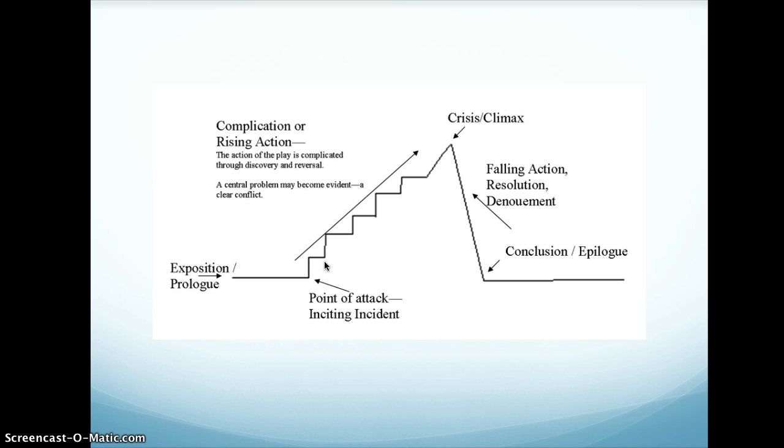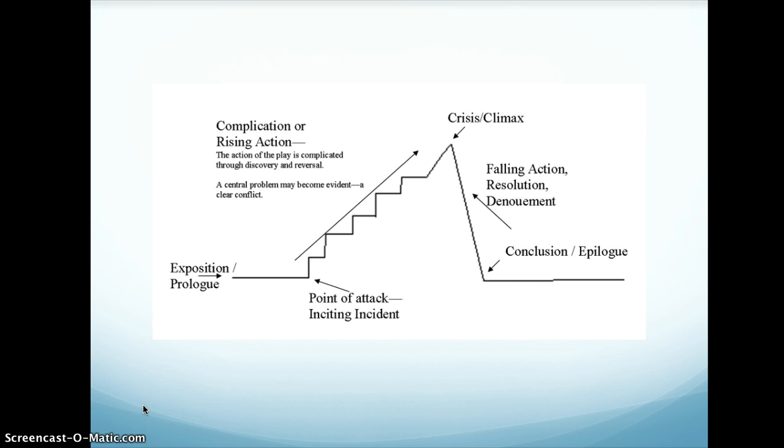Then rising action and complications happen that add suspense and take the protagonist on a journey that climaxes in the crisis. And then finally, the falling action, which is called the denouement, happens to kind of tie everything together, and then we have resolution and conclusion at the end.